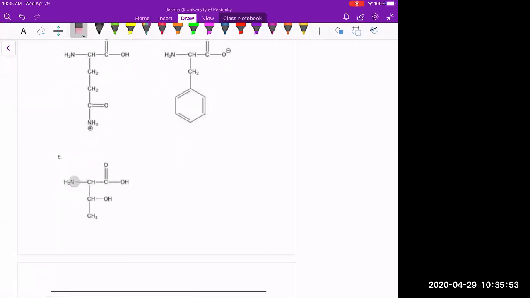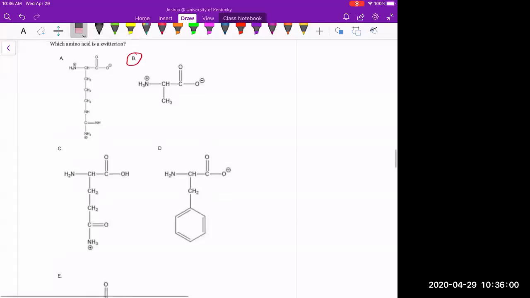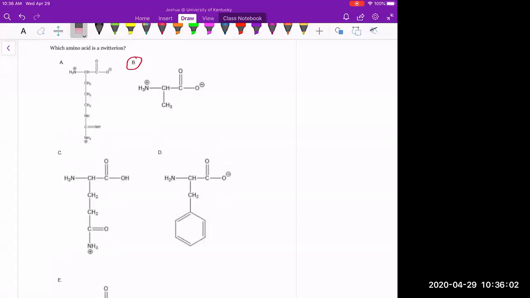This molecule is neutral, but it's not a zwitterion because there are no charges. So the answer is B. The sum of the charges is 0.